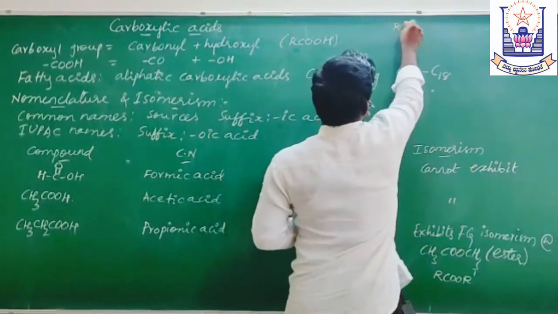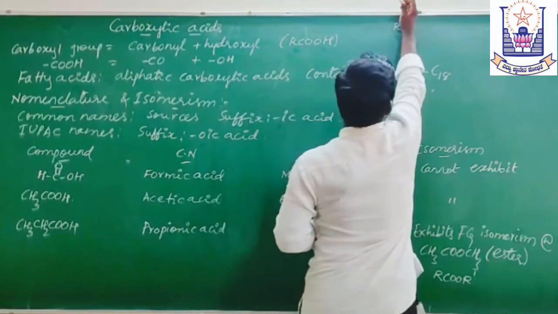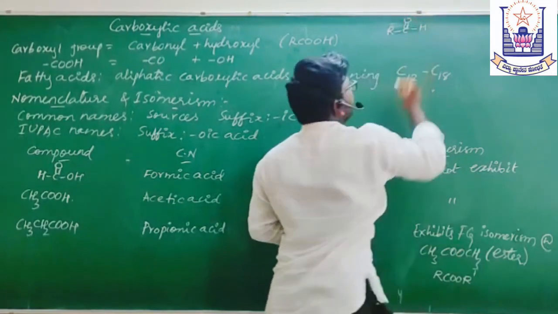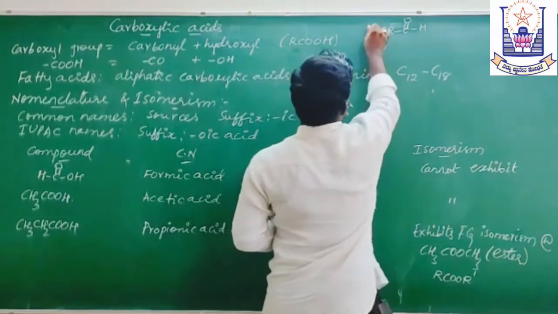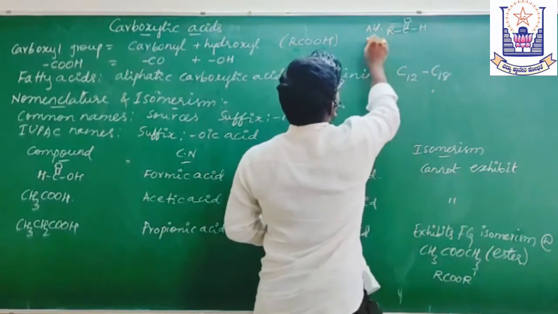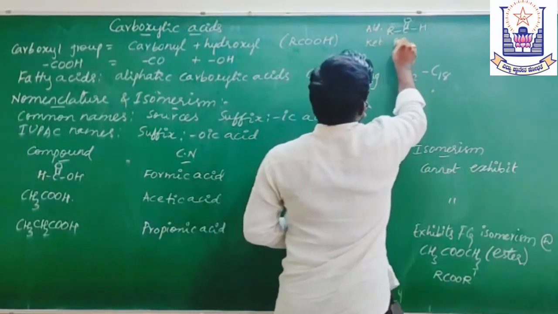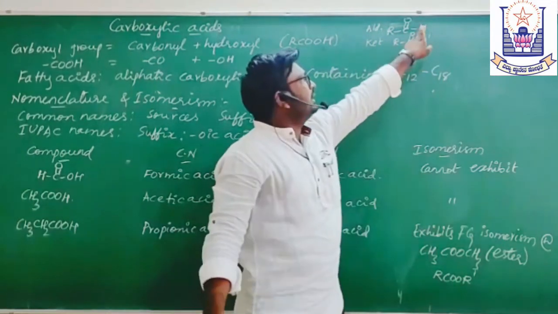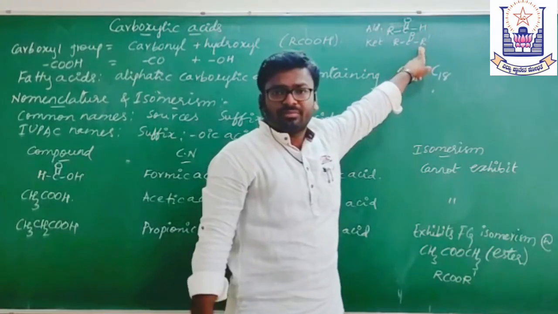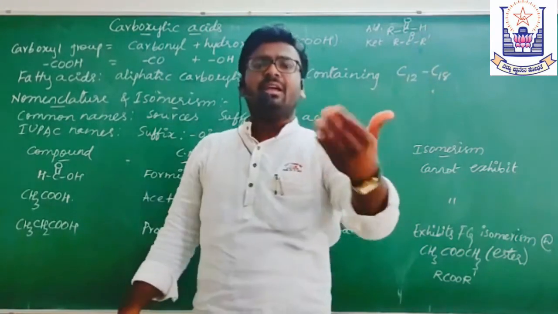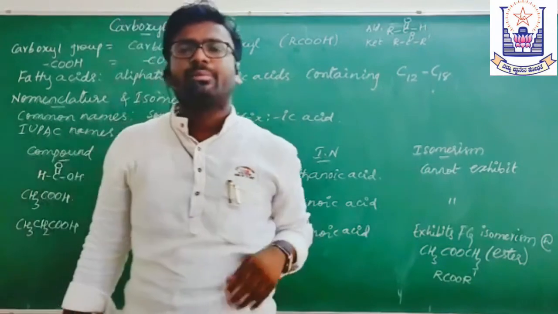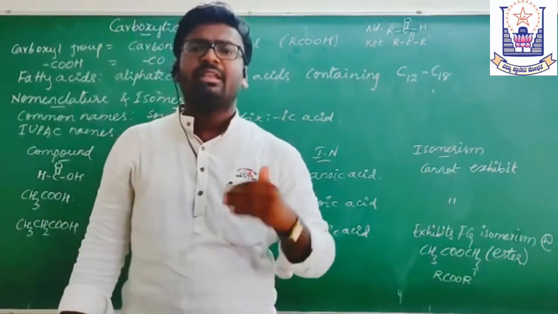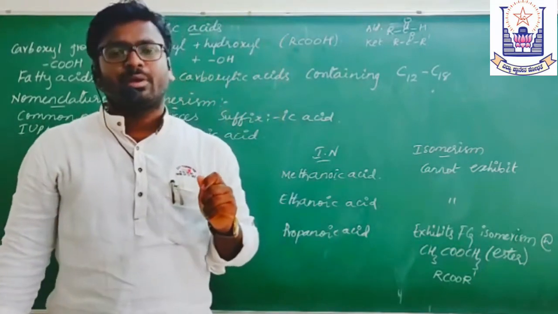Aldehydes are RCHO, and ketone representation is RCOR dash. What is the difference here? Only the replacement of hydrogen. Always keep in mind that aldehydes and ketones are like brothers; they show similar types of properties, not exactly the same.